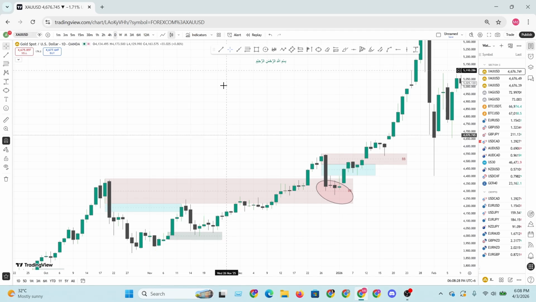So I think you guys understand. Make sure you practice this and learn these POIs, which will help you. We need to understand the POIs for the bias. So first, clear the POIs.